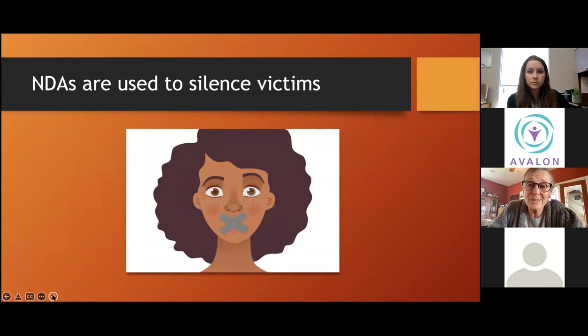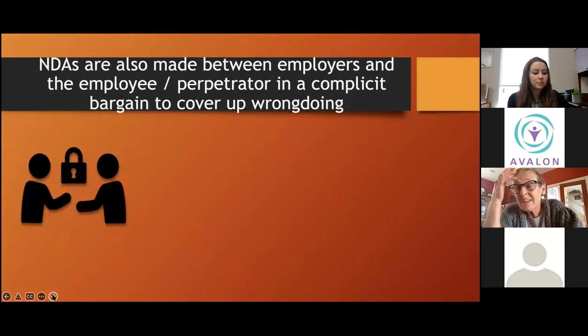But there's another really important usage that I also want to highlight, which is that they're also made without victims being present, between employers and the employee or the perpetrator. And we see this a lot where somebody is being terminated for misconduct in a workplace, but there is this bargain that happens between the employer and the employee and the perpetrator to cover that up.